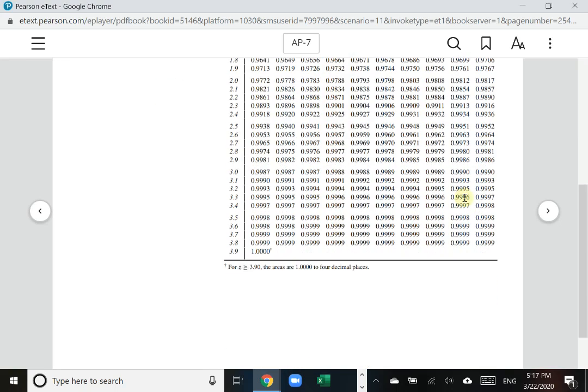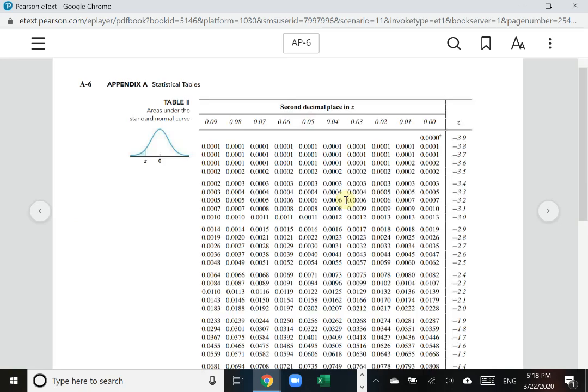So he covers almost 4 standard deviations on either side of 0. Now, if you notice, numbers above 3 deviations do not change much, and that's because the distribution has tapered on the right side. If you look at the left tail, that's table AP6. Numbers to the left of negative 3 aren't going to change much because the distribution has tapered on the left side over here. So there's not much going on there.